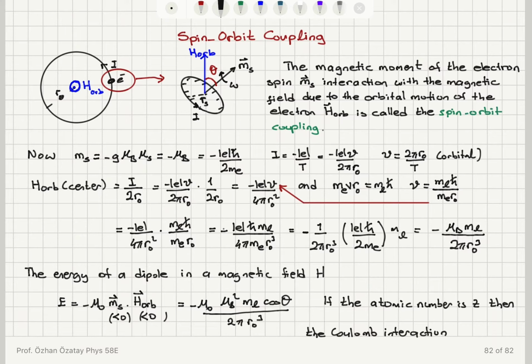The force of attraction between the electron and the proton, Ze times e divided by r orbit squared, must be equal to the mass of the electron times v squared divided by r orbit.